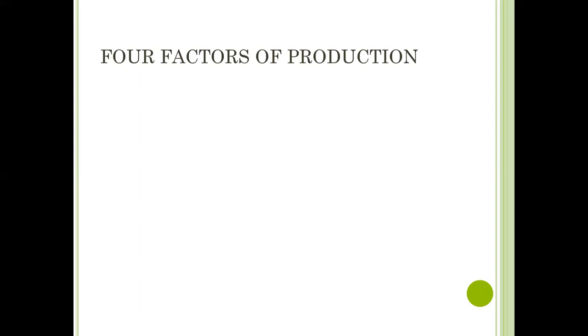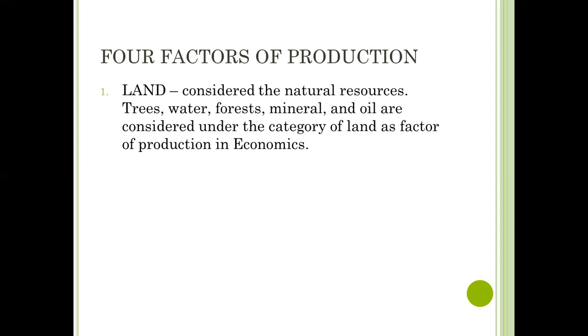So let's first discuss land. Land is considered as a natural resource, and trees, water, forests, mineral, and oil are considered under the category of land as factor of production in economics. Basically, these natural resources, even without the help of man, could produce something for our consumption.